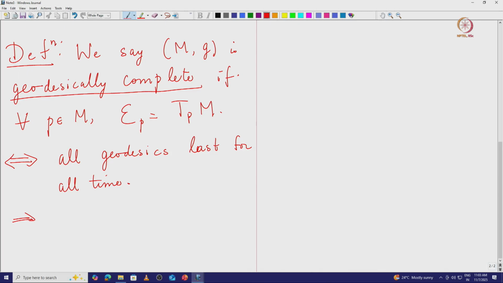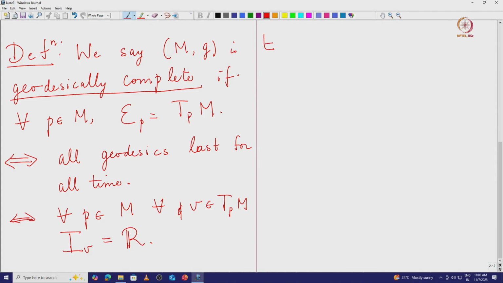Or equivalently, in a notation that we introduced a bit earlier, if you look at the maximal time of existence for a geodesic whose initial velocity vector is given by p, then this is all of R, okay.